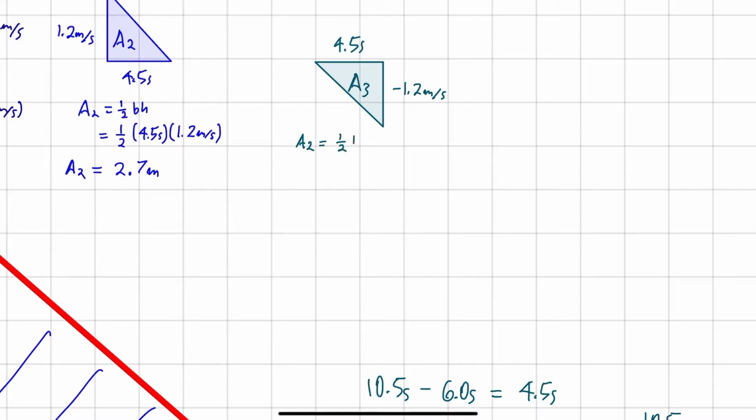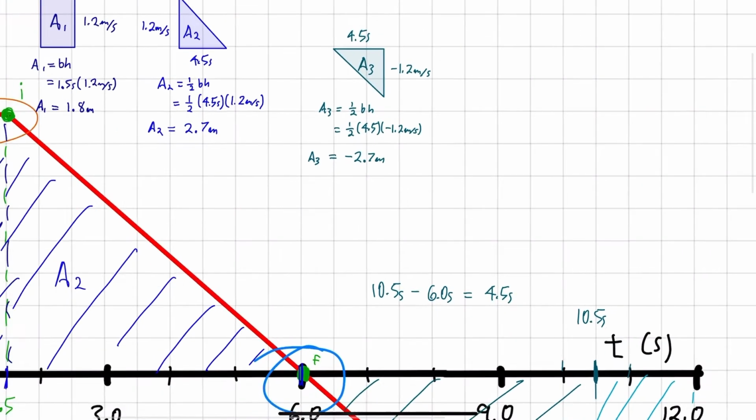The area for the triangle is the same as the last. I hope you know how to calculate the area of triangles. And what you'll see on this one, sure that should be a 3, is that we actually get a negative area. So negative displacement from A3.